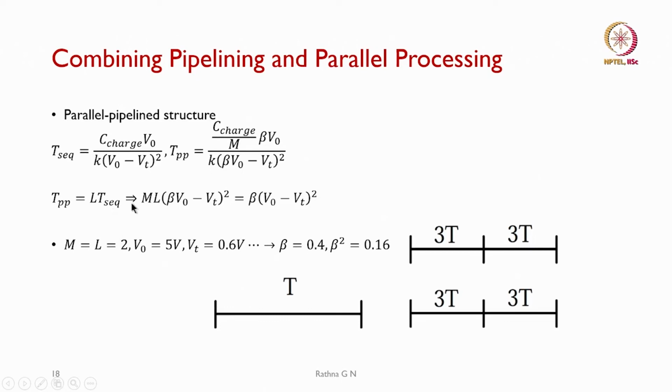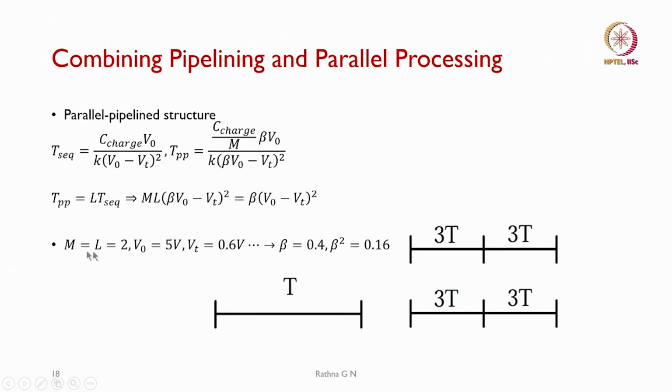So, which implies that I will be making the left hand side as number of stages for pipeline into number of stages for parallelism, which is given by M and L, into beta into V naught minus V t whole squared, which is equal to this.